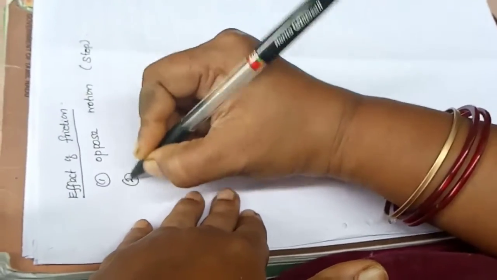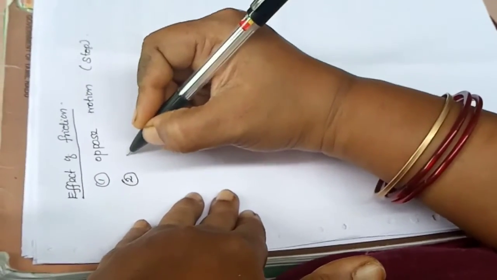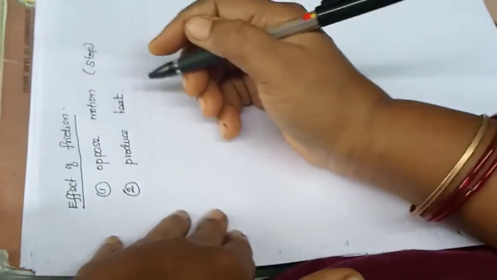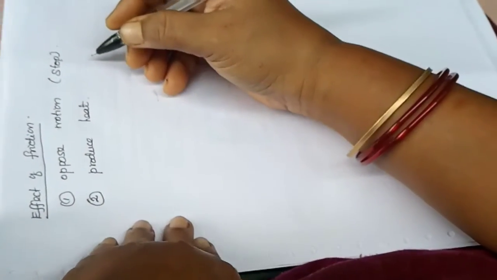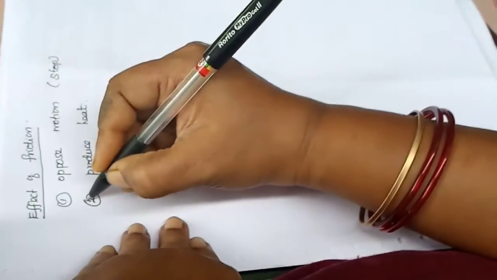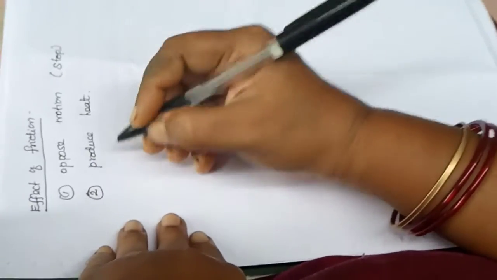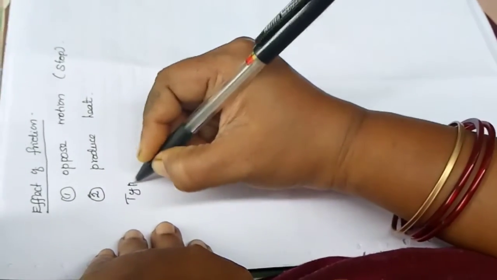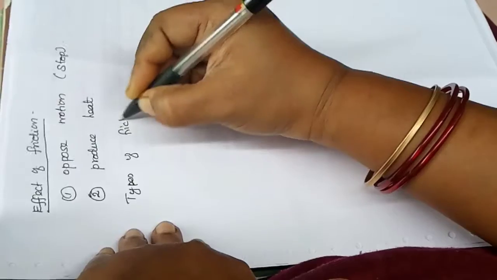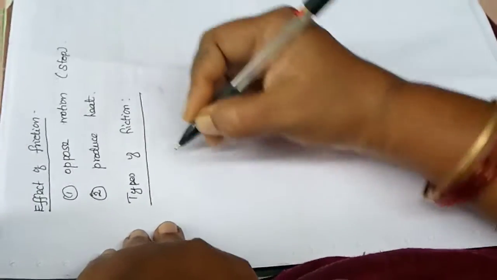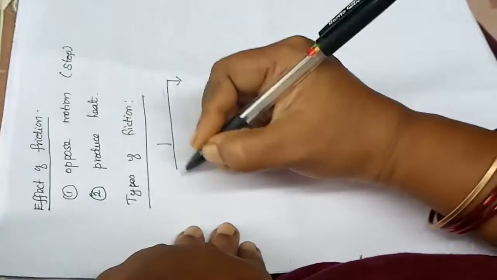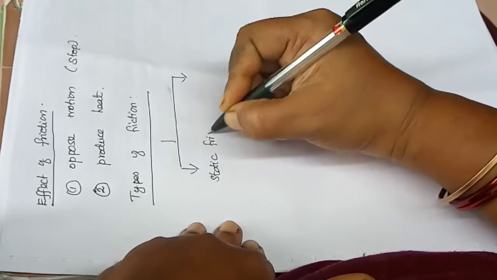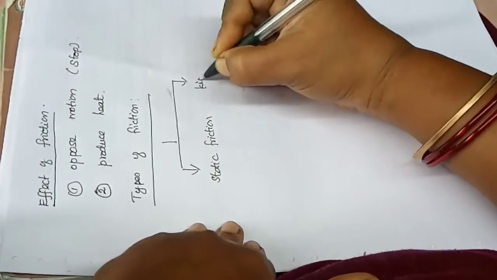And second, it produces heat. When two surfaces contact, it produces heat. These are the effects of friction. And what are the types of friction? We take it as two types: static friction and kinetic friction.